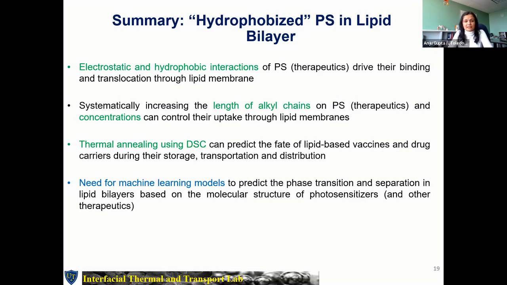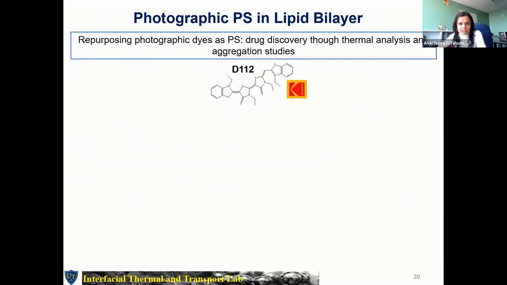Again, I want to remind that synthesis and purification is a laborious process. And so if we have machine learning models that can predict the behavior of these alkyl chains of various lengths, it will save us a lot of time, because purification gets really challenging as you increase the length of the chain. How am I doing on time?